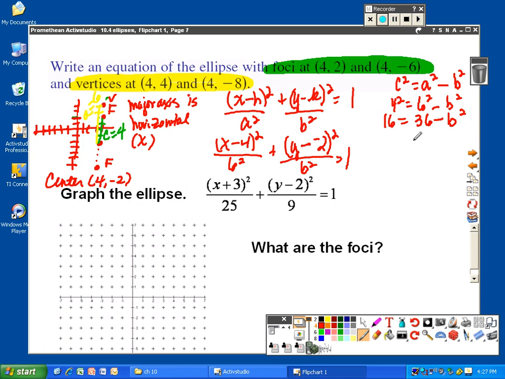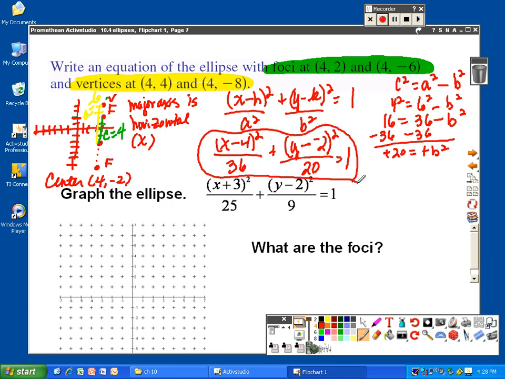Subtract 36. Negative 20 equals negative b squared. So b squared equals 20. So I can put a 20 in here, and I can replace this 6 squared with a 36. And I have my equation. This negative negative I can make a positive.